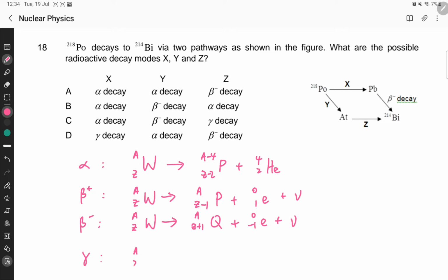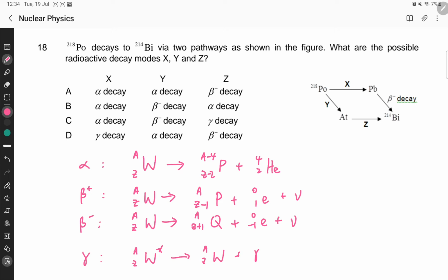With gamma decay, you will have no change in this entire thing. It will be the same nucleus, same nuclide. It's just an excited version of the nuclide turning into the ground state of the nuclide, so it doesn't change either number.